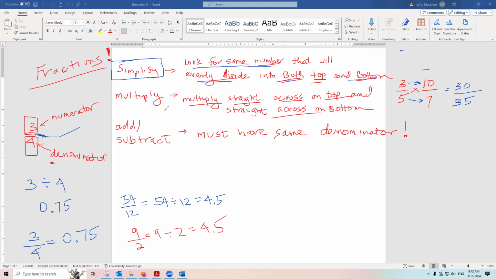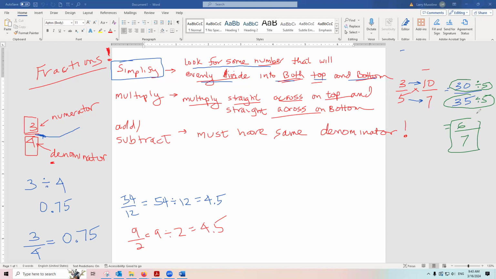Well, I'm noticing the number 5 would evenly divide into both. So I'm going to divide the top by 5 and divide the bottom by 5 to simplify. 30 divided by 5 is 6. 35 divided by 5 is 7. So 6 over 7 is the answer.